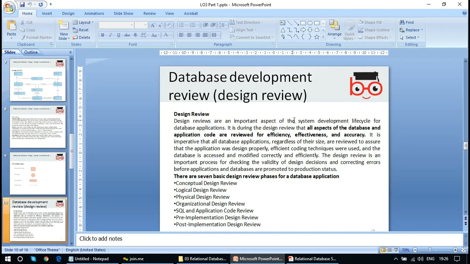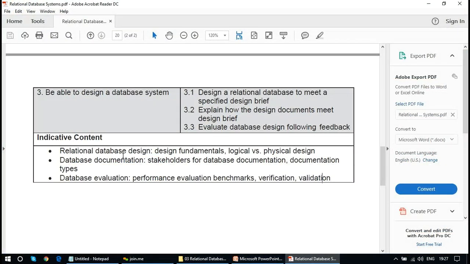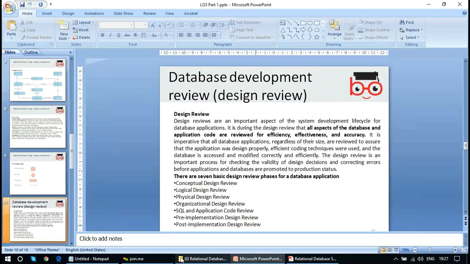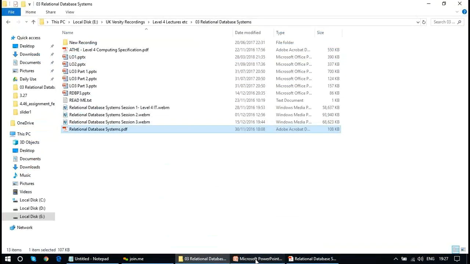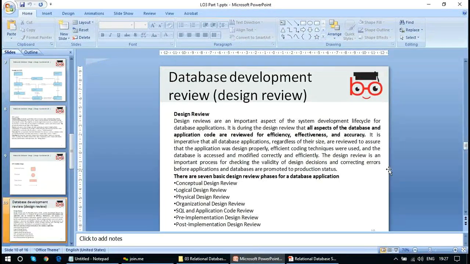database development review. So we start with a design review. When you really start with the database design, then you have to review the development.